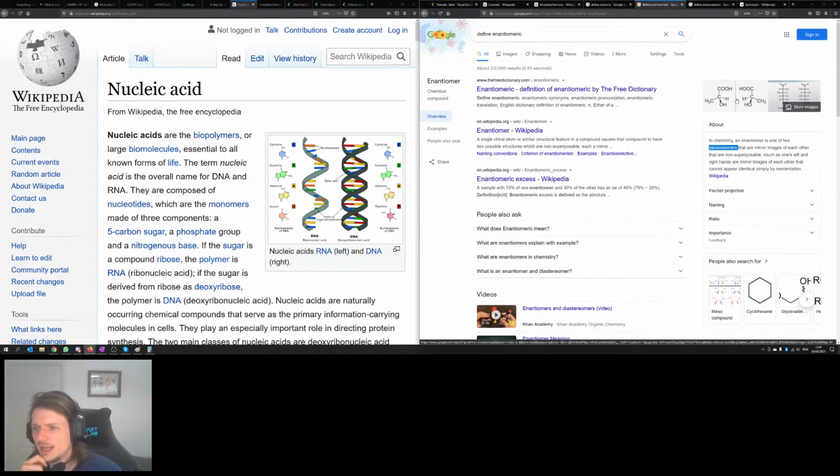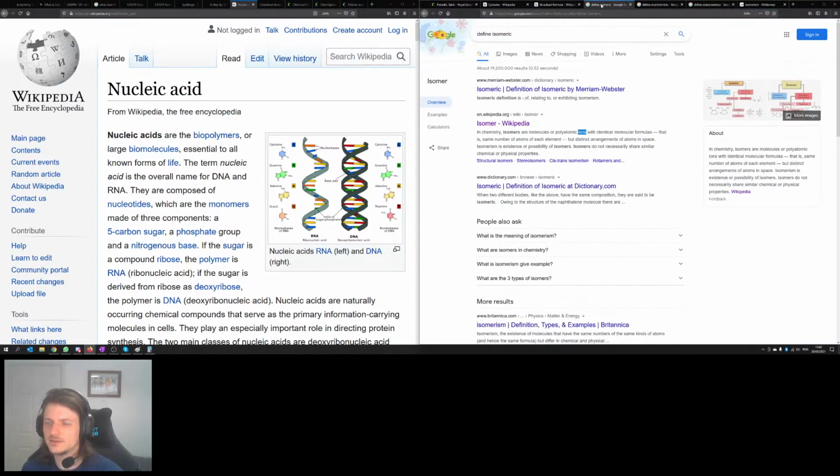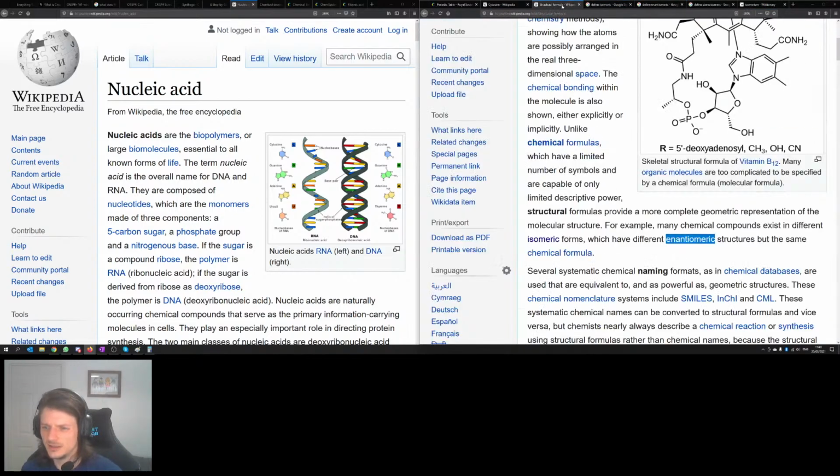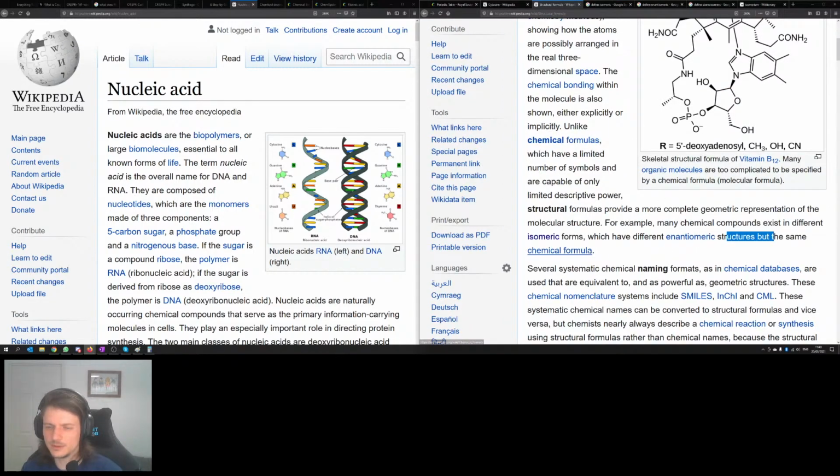So in chemistry, an enantiomer is one of two solid same-formula structures that are mirror images of each other that are non-superposable, much as one's left and right hands are mirror images of each other that cannot appear identical simply by reorientation. Okay, cool. That makes some sense, amazingly. So which have different enantiomeric structures but the same chemical formula.